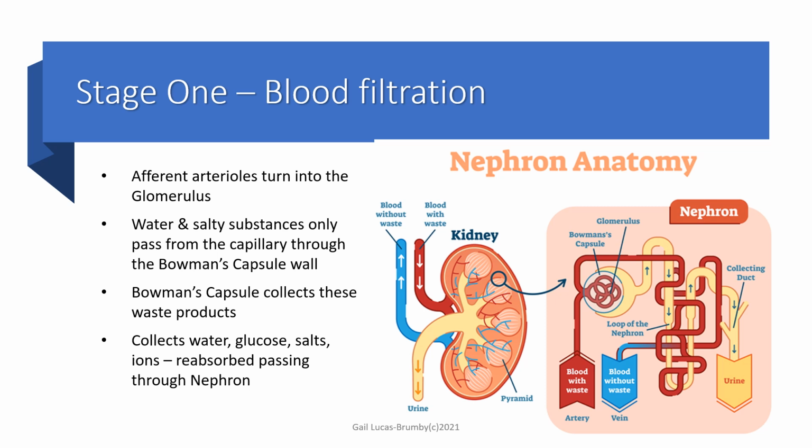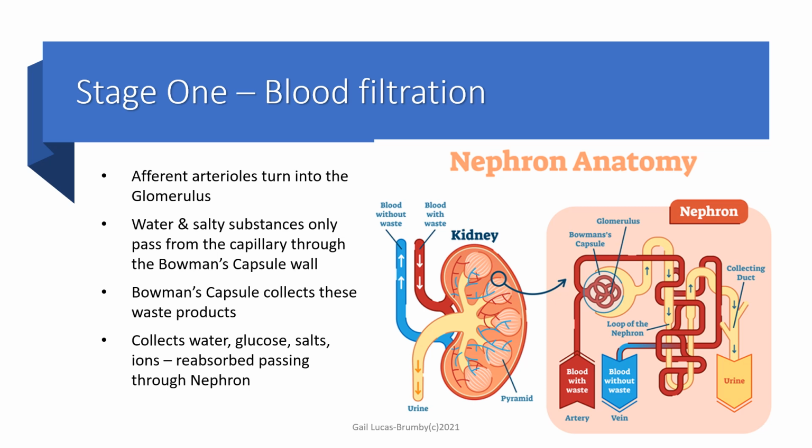So afferent arterioles turn into the glomerulus in a sort of knotted collection of blood vessels, and the blood travels through this knot. It leaves the Bowman's capsule as an efferent arteriole. So an afferent arteriole arrives, an efferent arteriole exits. So the two E's and the two A's. Afferent and arrive go into the glomerulus, and efferent and exit leave the glomerulus.